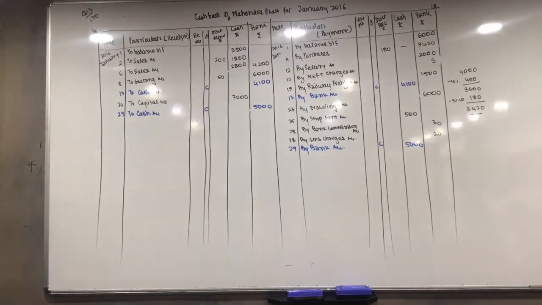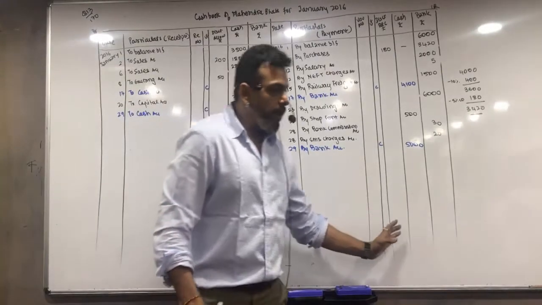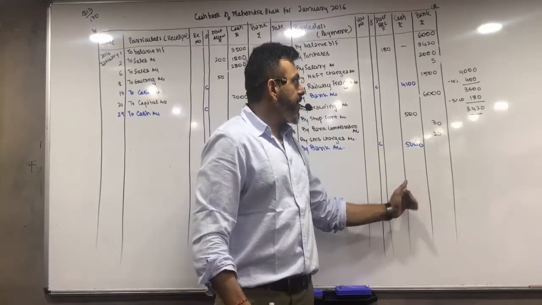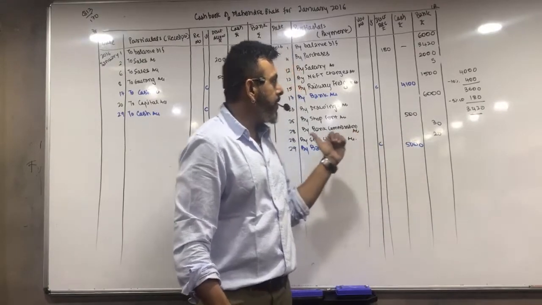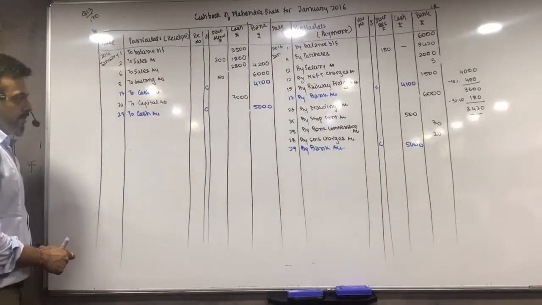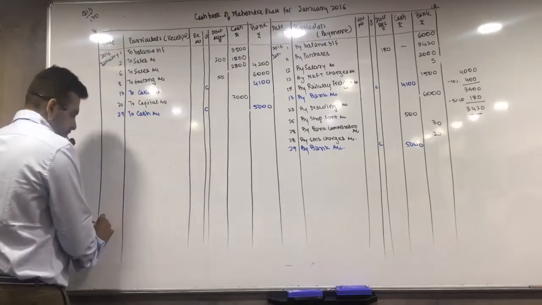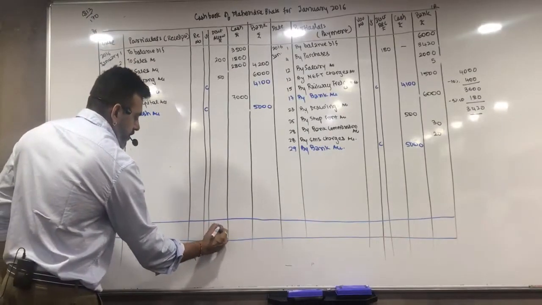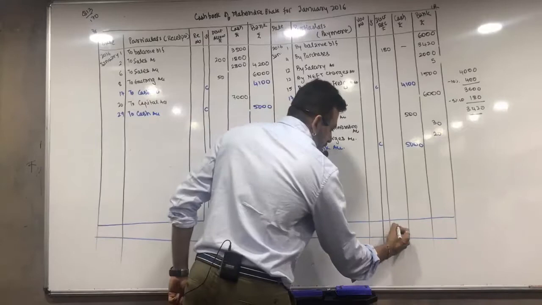That's it. Now, first we will total discount allowed and discount received, and then in rough we will do total of cash, receipt payment, bank receipt payment. 250, 180.